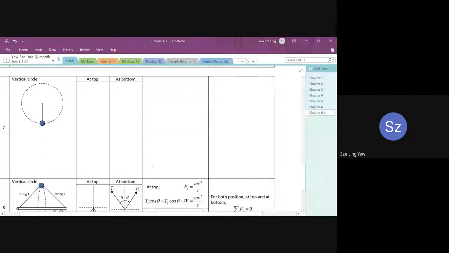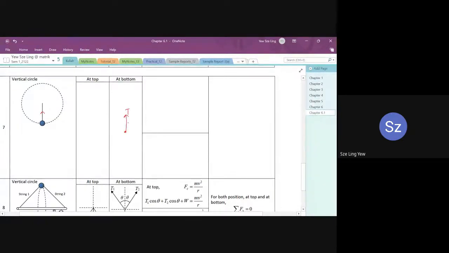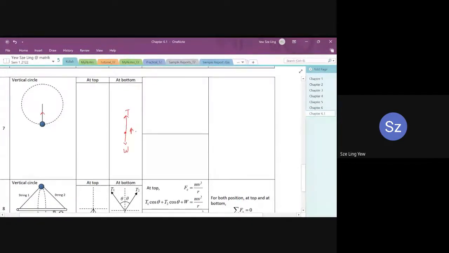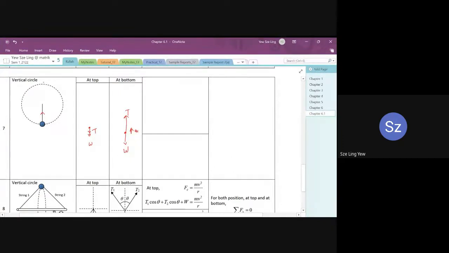Vertical circle, again, this one we explained just now. You have a tension when it is at the bottom. This is your object. Tension is going up, W going down, AC going up. When you're at the top, W going down, tension is also going down.